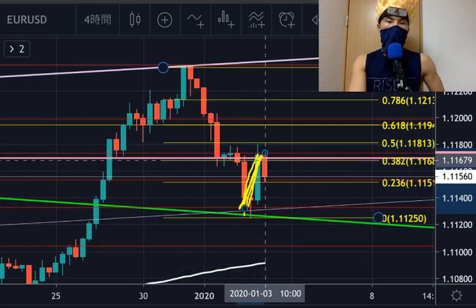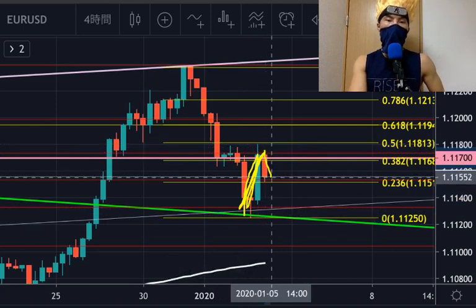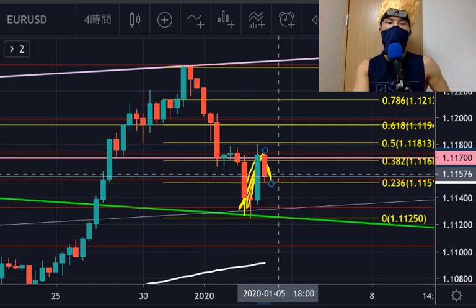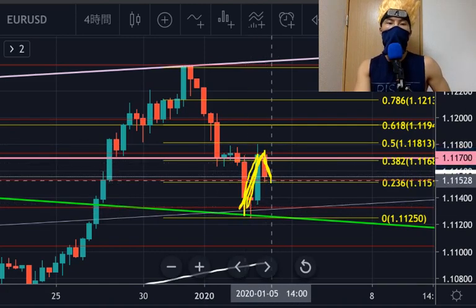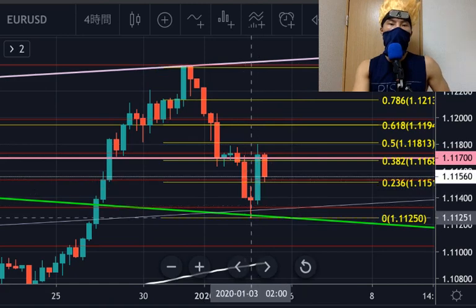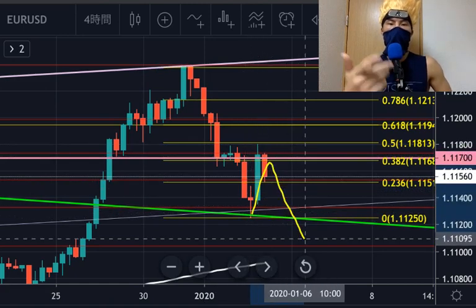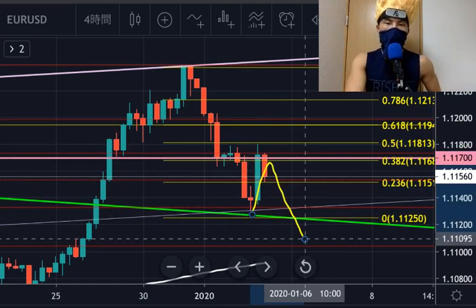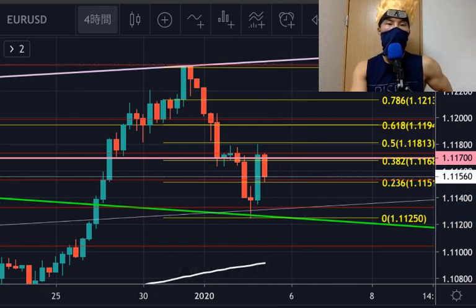So it's now maybe retracing for the next jump, or it may mean the downtrend is continuing.